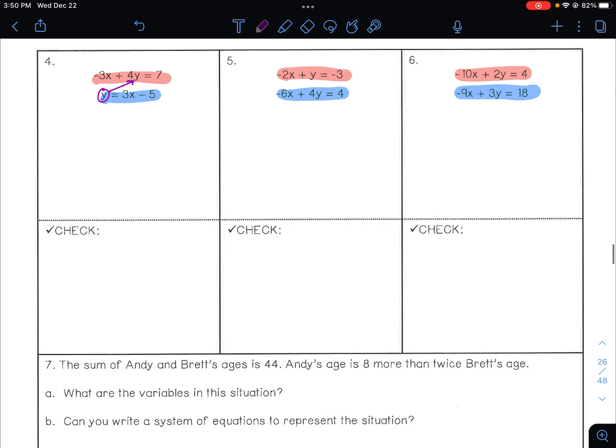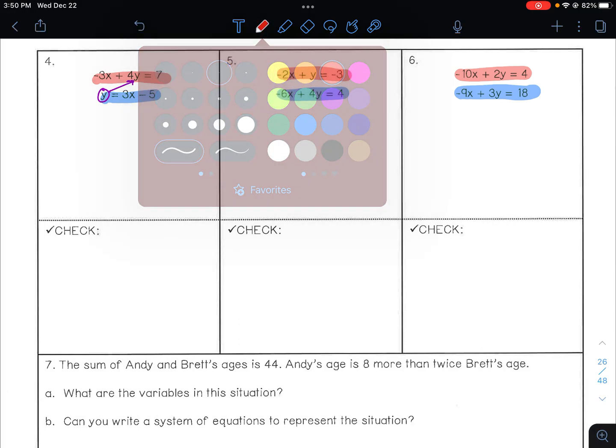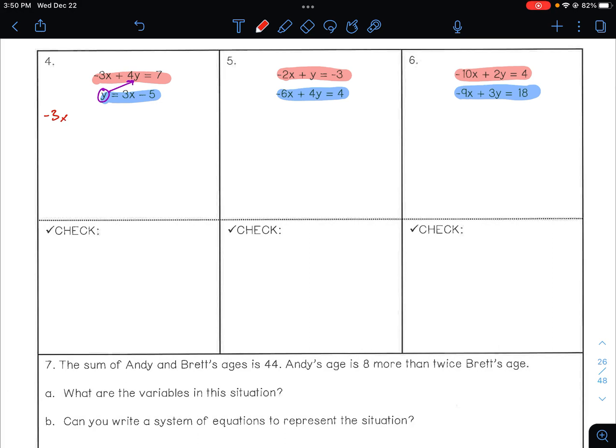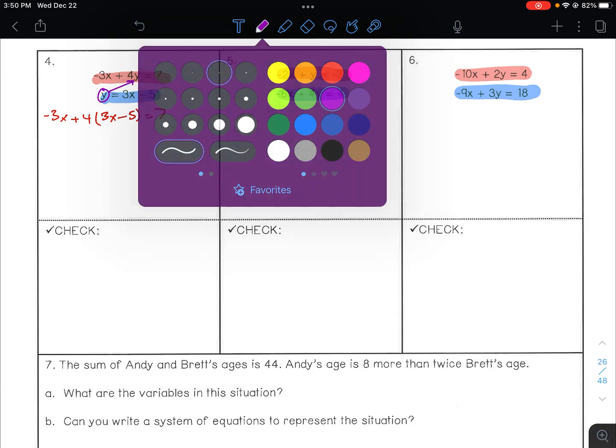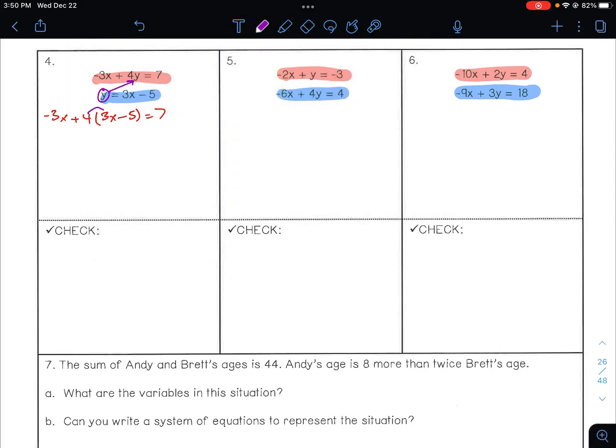I'm going to do the red equation: negative 3x plus 4y, not y, but whatever the substitute for y is, which is 3x minus 5, equals 7. Let's do some distribution. Positive 4 times 3 is 12x. Positive 4 times negative 5 is negative 20.